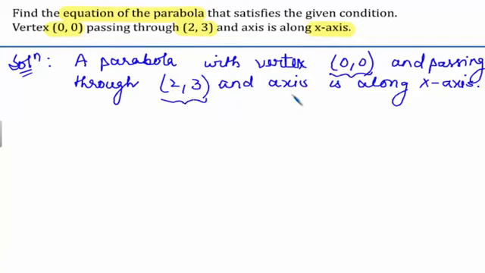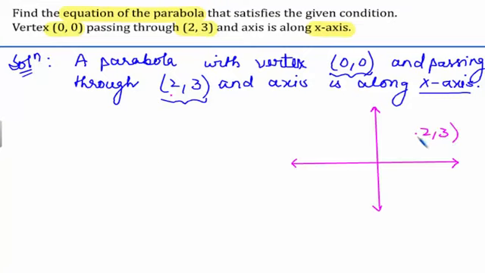Therefore, the parabola will either be towards the right or towards the left. That is, either it will open towards the right or towards the left, but since it is passing through the point (2, 3), which is somewhere lying here, the parabola is opening towards the right.